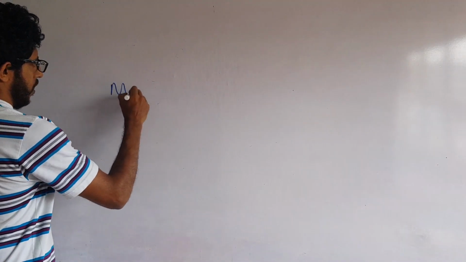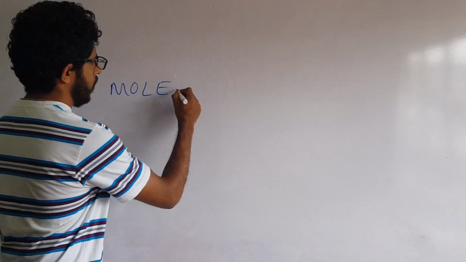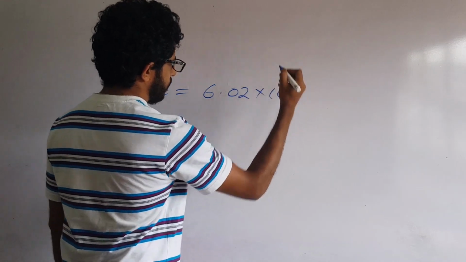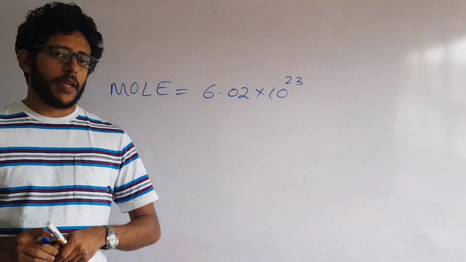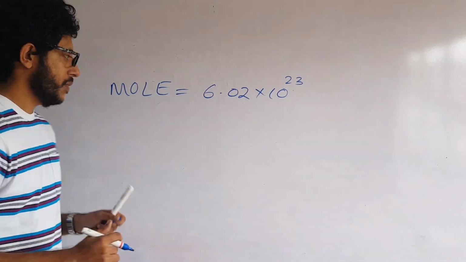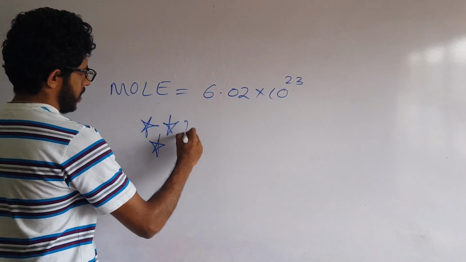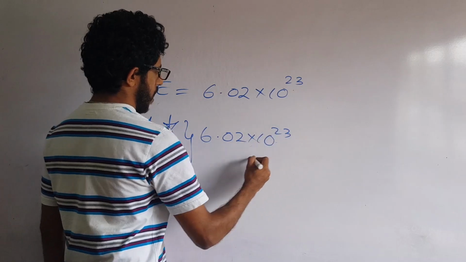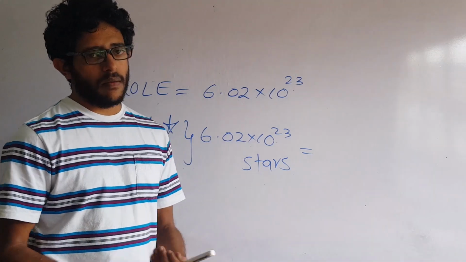Now the word mole is used to represent a huge number which is equal to 6.02 × 10^23. Anything which is equal to this number can be called 1 mole. For example, if there are 6.02 × 10^23 stars, we can say it has 1 mole of stars.